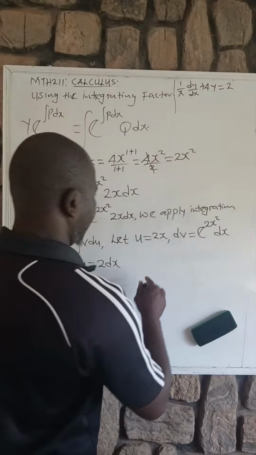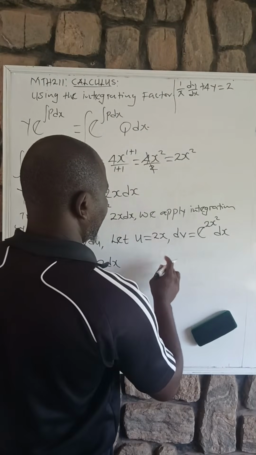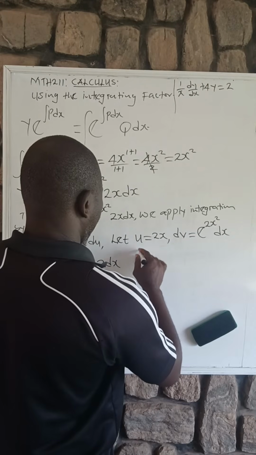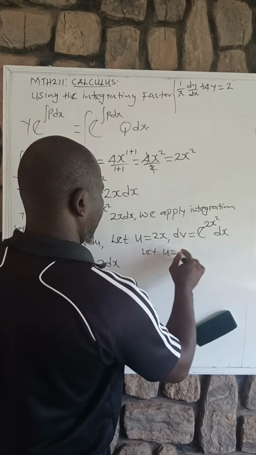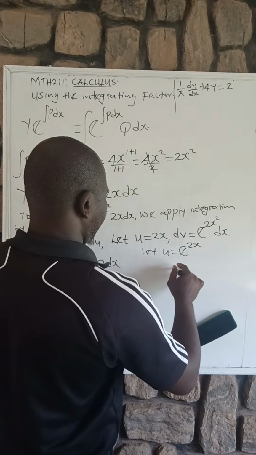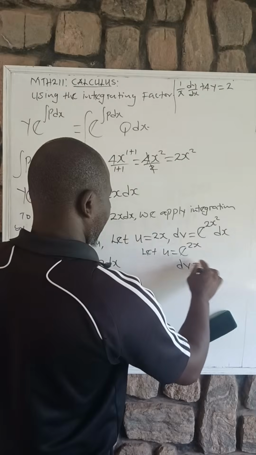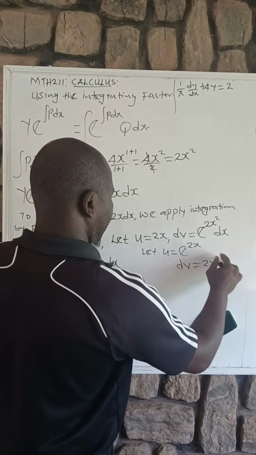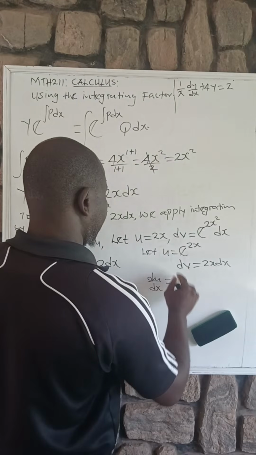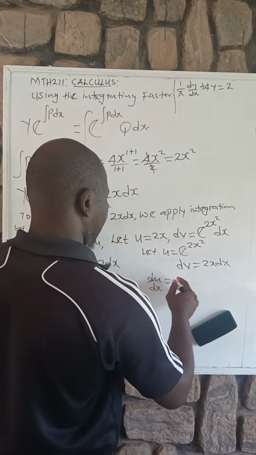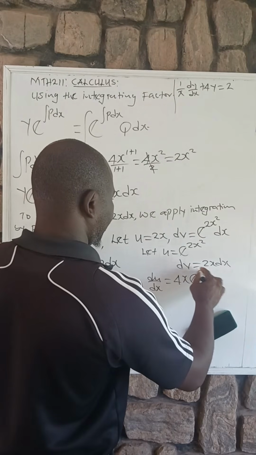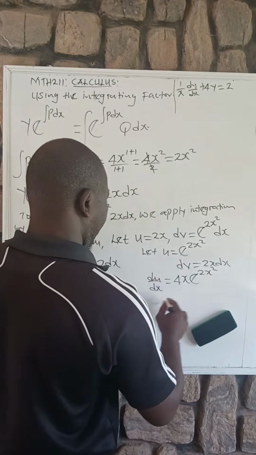Let u be equal to exponential 2x squared, then v is 2x dx. Then our du over dx is going to give us 4x exponential 2x squared.